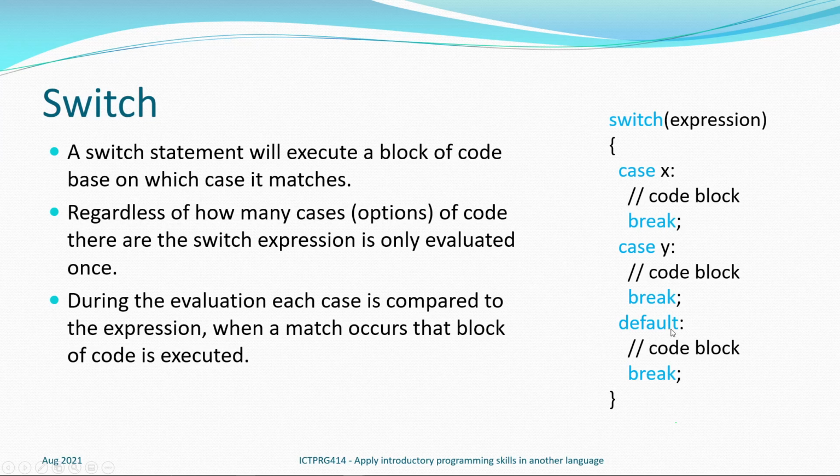With the default, which is optional, we run down through here. We don't get any matches against the case scenarios we've laid out. This block will be run if there's no explicit match, and then breaks it out.